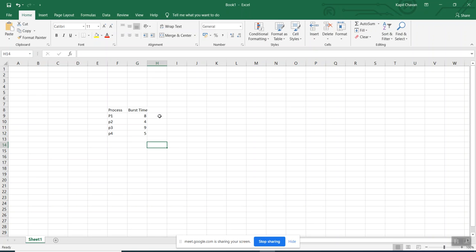And they come sequentially, meaning the order of coming is P1, P2, P3 and P4. Now quickly tell me the waiting time for each process and the average waiting time.